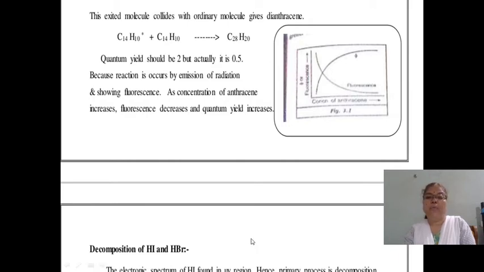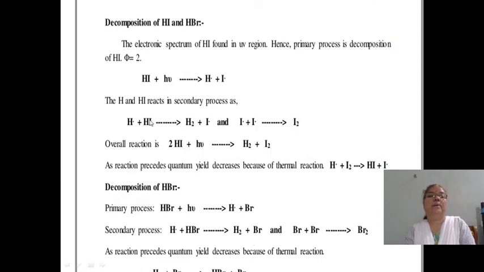Similarly, we have the decomposition of HI and HBr. The decomposition of HI and HBr are also examples of photochemical reactions with low quantum yield, and they take place with this mechanism.